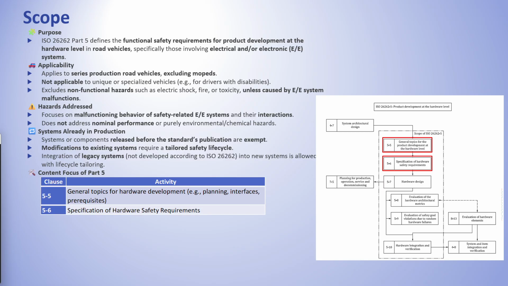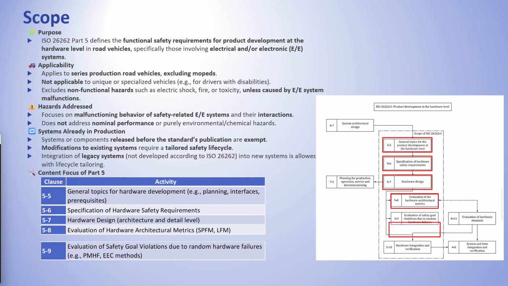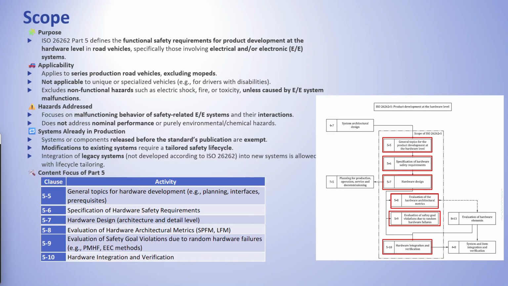This is where you turn those big safety goals for the car into specific concrete needs for the hardware. After that comes the actual hardware architectural design and then the detailed design, getting down to the circuit level. And then, crucially, the evaluation of hardware architectural metrics. These are the quantitative measures of safety we mentioned, the numbers. And finally, it covers the integration and verification of all those hardware bits.